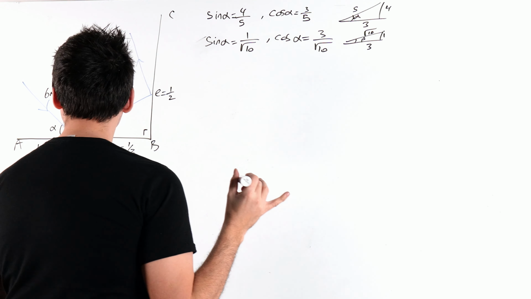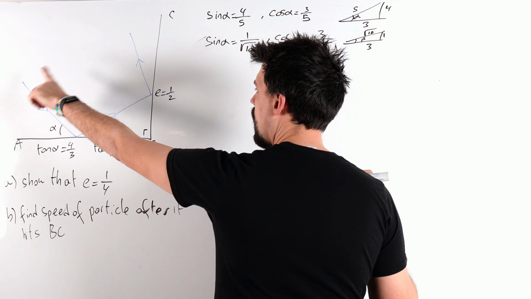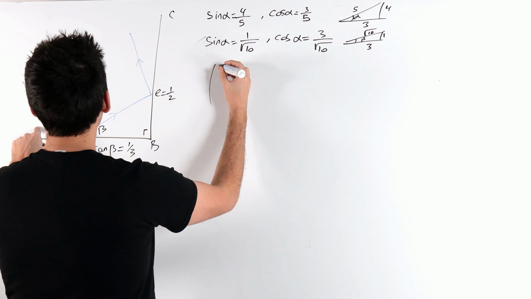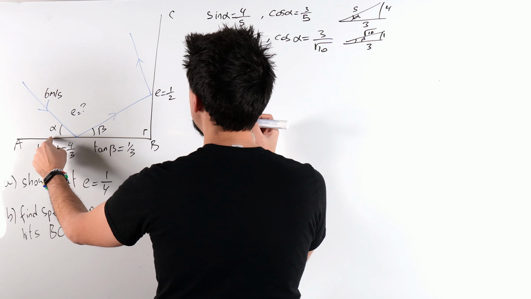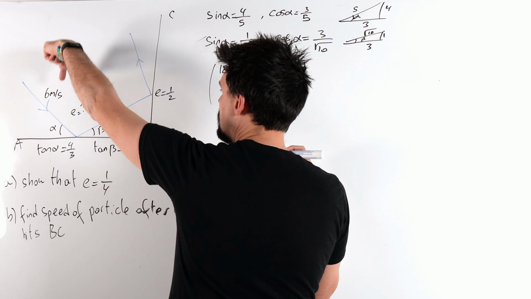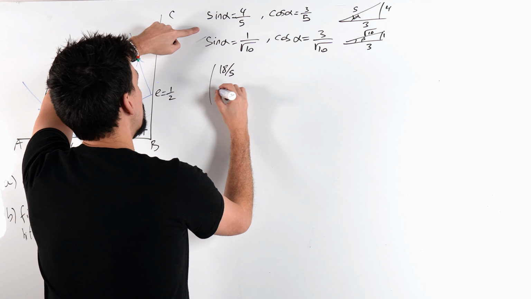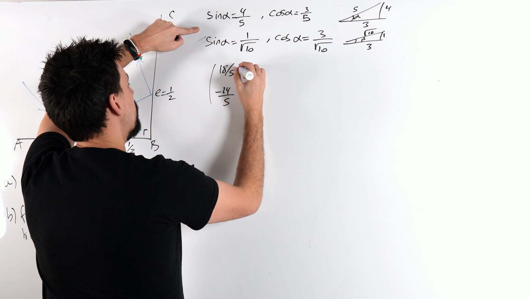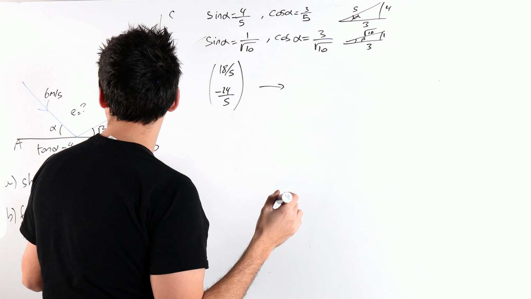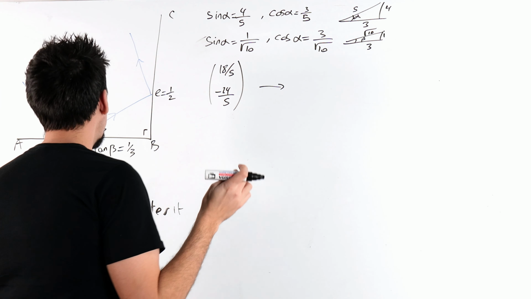Right, so what is our velocity coming into the impact? Well, before, we're coming in at 6 cos alpha, which is 18/5, and we're coming down at 6 sine alpha, which will be minus 24/5. Okay? And then afterwards, after the impact, we're going to be leaving at, don't know, je ne sais pas.